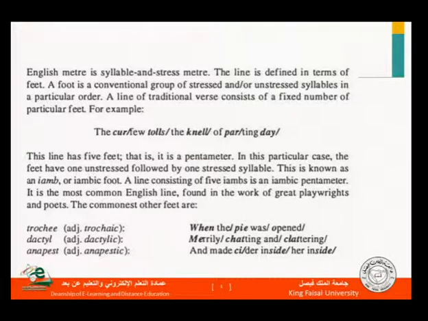In a particular order, a line of a traditional verse consists of a fixed number of particular feet. For example, the curfew tolls the knell of parting day. هذا verse. This is a verse, يعني بيت من الشعر.